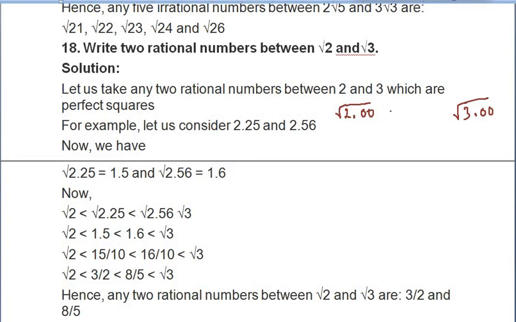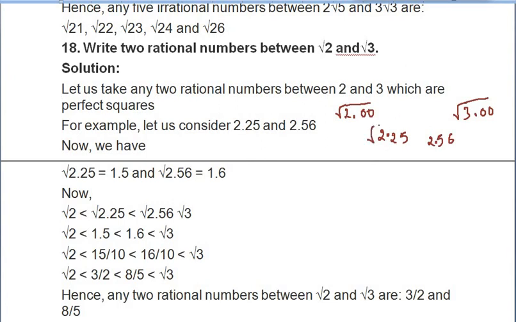So many numbers can be there. There are some perfect squares existing between these two numbers: 225, which is the square of 15, and 256, which is the square of 16. So 225 I can write as 2.25 and 256 as 2.56. And these numbers can exist between these two numbers.